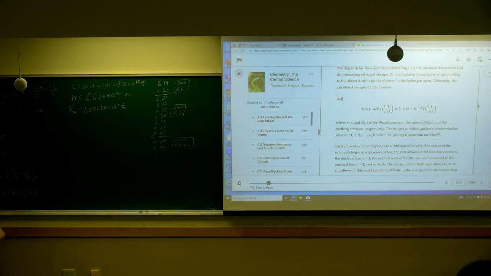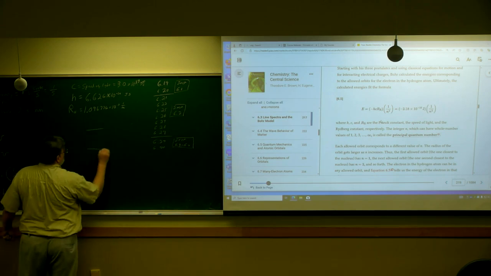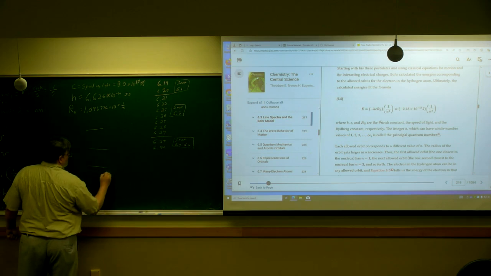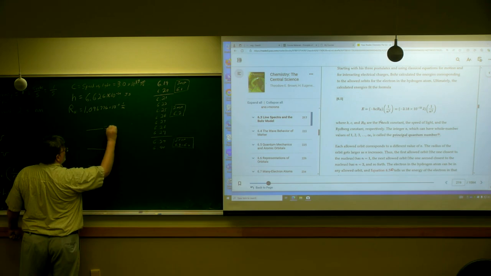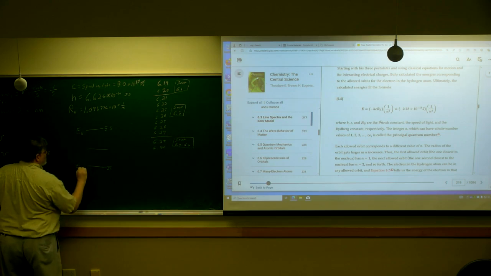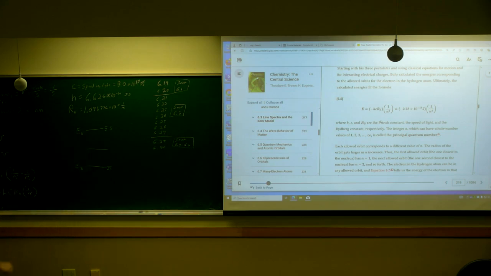n squared. This is how you calculate the amount of energy in a particular level. So when I was doing this, let's say that was 3 and this was 5, and I was saying the energy in 5 and the energy in 3, that's what these are. That's what this energy is.